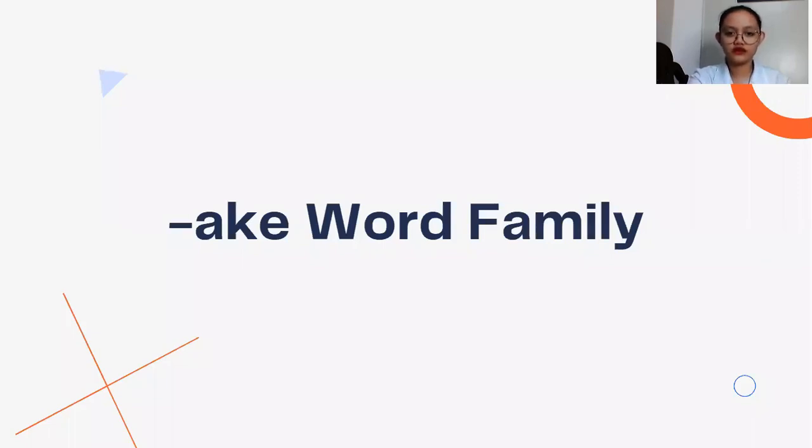So words are grouped into families wherein they have something in common, just like with our sight word for today, which is mistake, and those three words that I gave, bake, cake, and awake. They have the same letters at the end of the word, and that's why they are part of the ake word family.